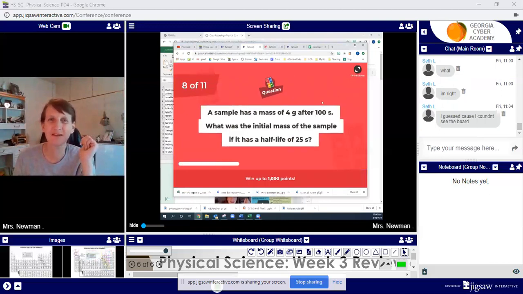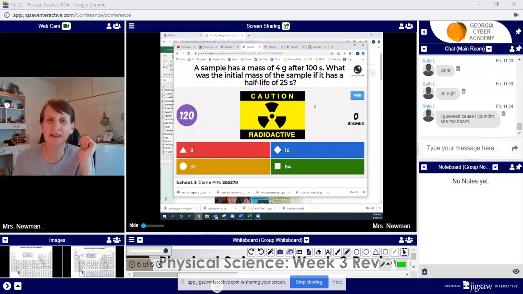A sample has a mass of 4 grams after 100 seconds. What was the initial mass of the sample? Half-life is 25 seconds.